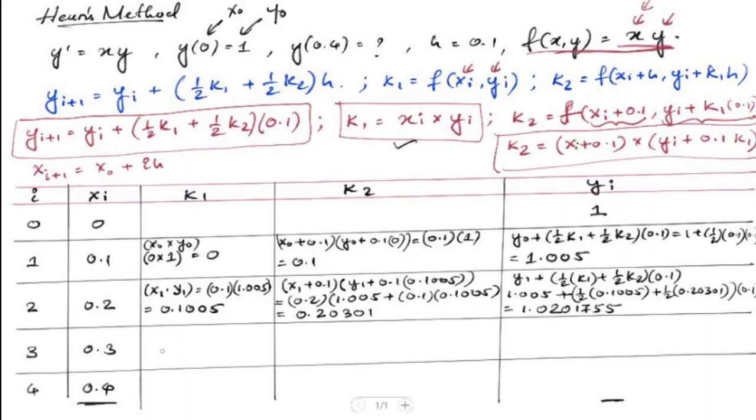And then now we'll calculate k1 for x equal to 0.3. For that, we'll take the values of x2 times y2.